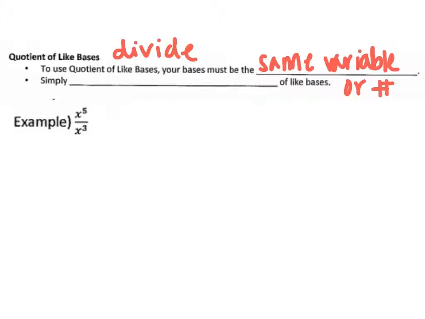To use like bases, the bases have to be alike. So that's the same rule here. When you multiply with like bases, you add up the exponents. When you divide with like bases, you're going to be doing the opposite and subtract the exponents.